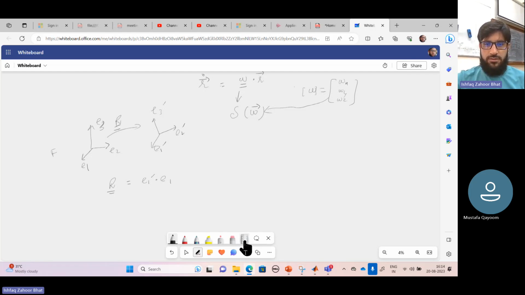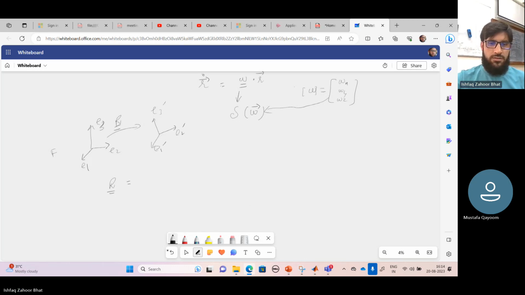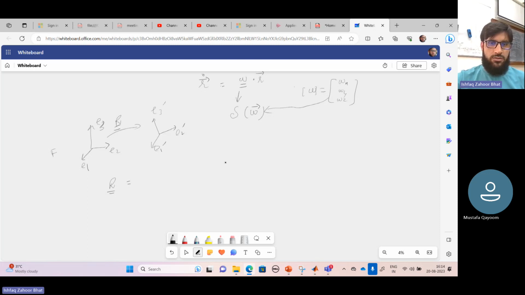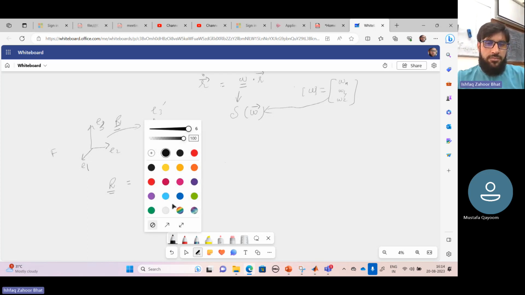Just a second. Sorry, can you make the ink a little bit darker? I think it is dark, but I think its size is 100%. So what else can I do? This is the maximum.